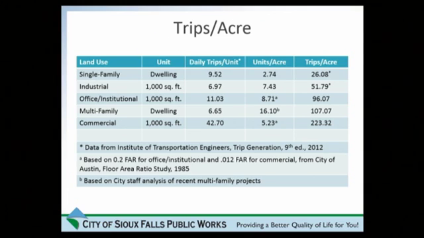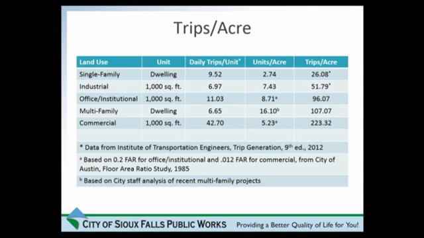Okay, now we're going to get into some of the math, and as I talk, I'm going to focus on single family, but if you have any other questions, please stop me and we can talk about it. Okay, you can see here we have the 5 different land uses and the associated trips per acre.